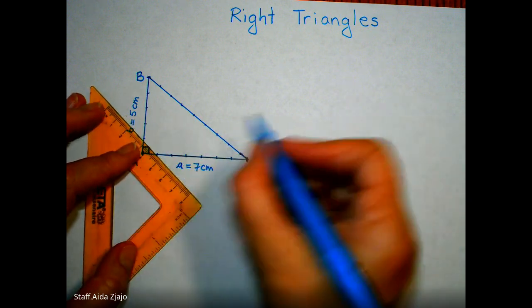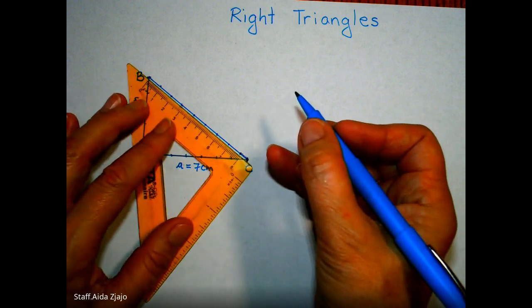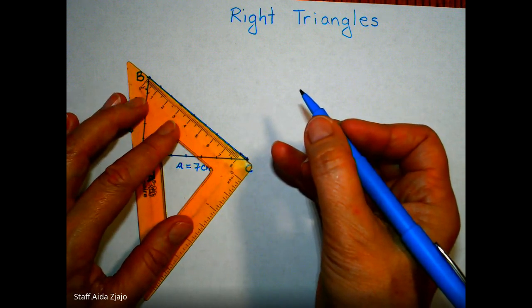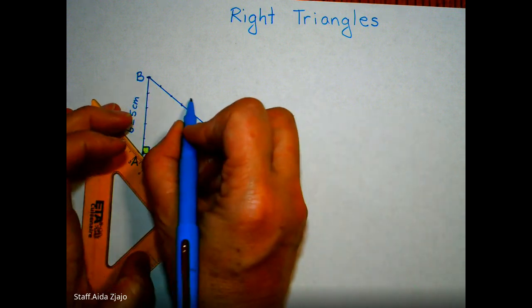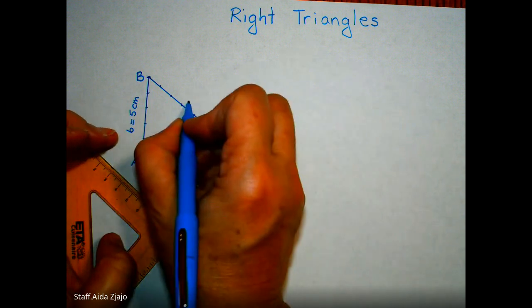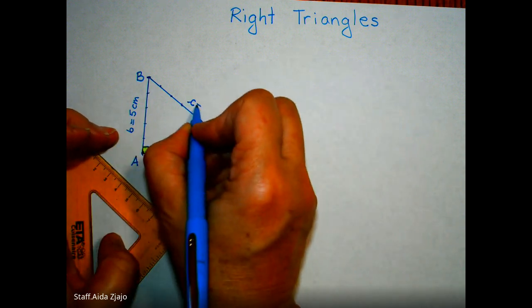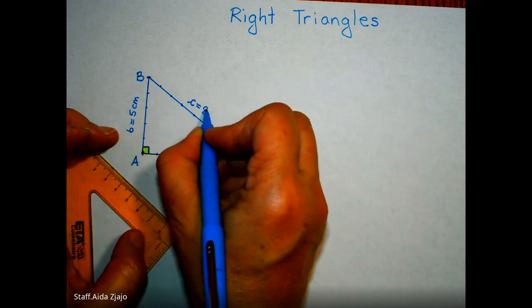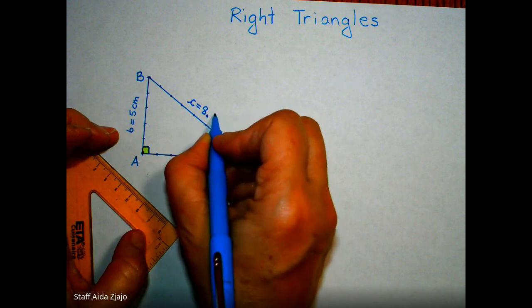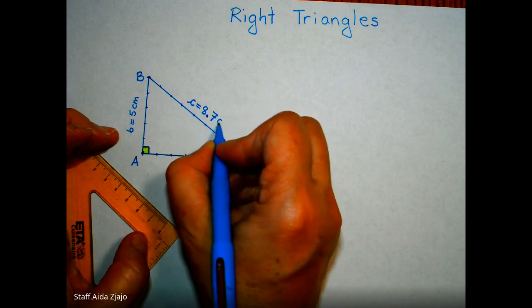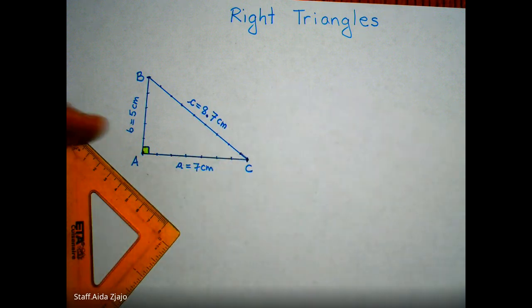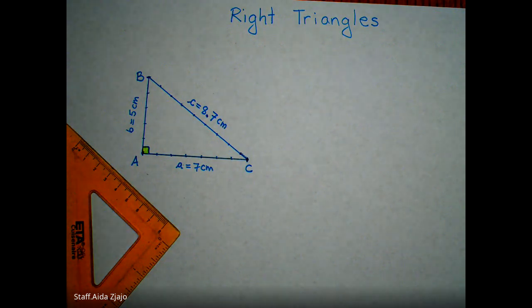So my final measure for this BC line segment is 8, so I can call it C segment equals 8.7, or 87 millimeters, or 8.7 centimeters.